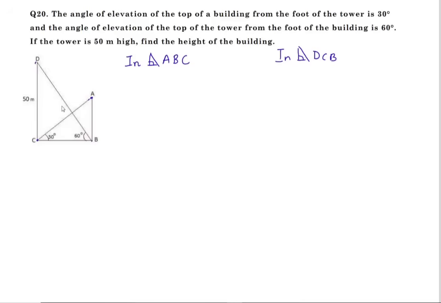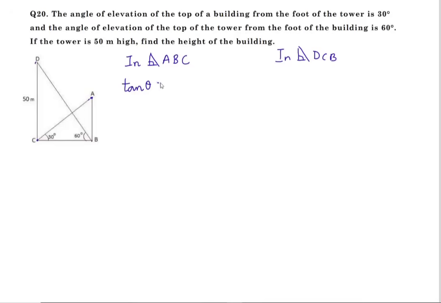After writing that, in right angle triangle ABC, find out what is hypotenuse. Hypotenuse is AC, opposite is AB, and adjacent is BC. In the same way, for DCB, the hypotenuse, the longest side, is DB, opposite side is DC, adjacent is BC or CB. Now for both the right angle triangles, write tan ratio.